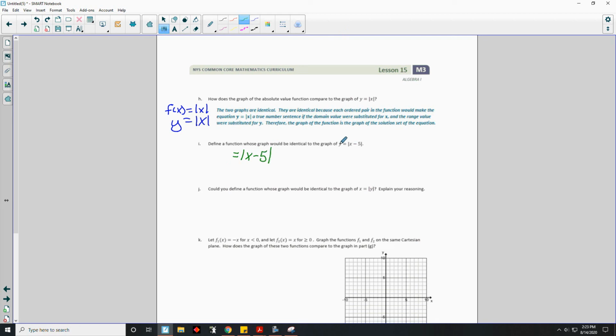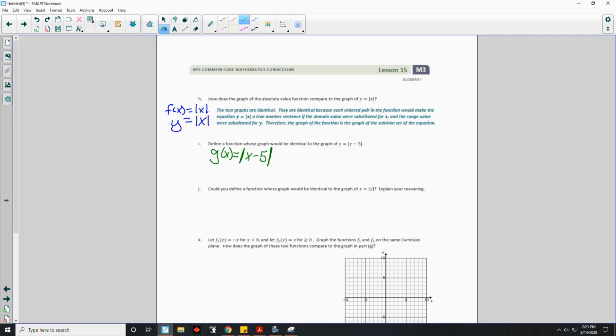But I'm going to change my y to naming it something. It could be a of x, b of x, c of x, d of x, anything like that. How about just using g of x, for example? So there's a function whose graph would be identical to y equals absolute value of x minus 5. g of x equals the absolute value of x minus 5.